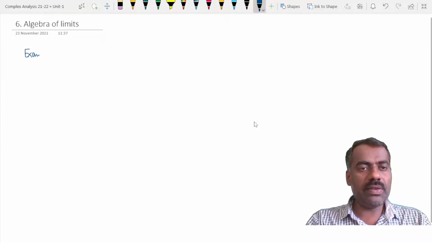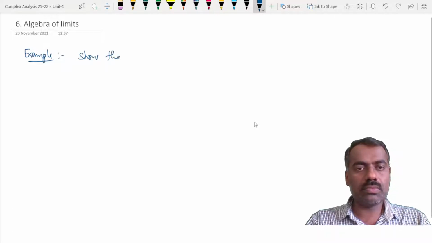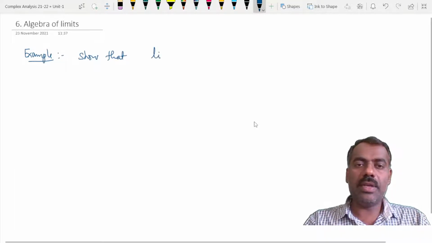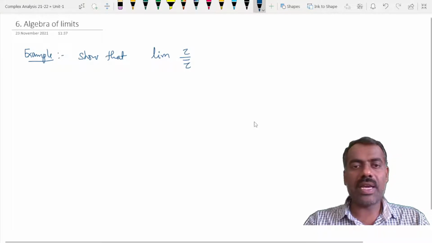So we'll find a function. Show that limit of z upon z bar as z tending to 0 does not exist.